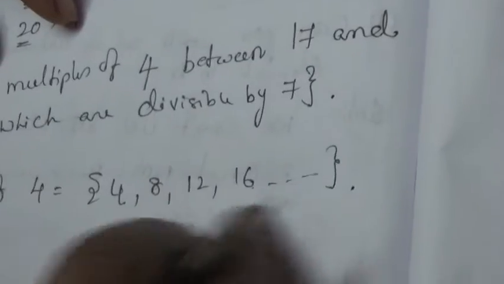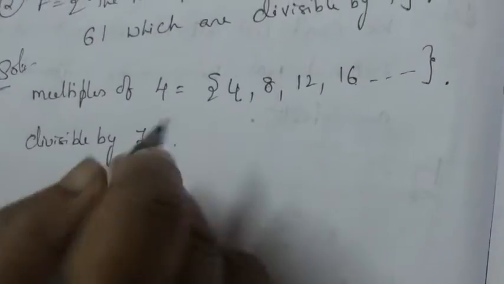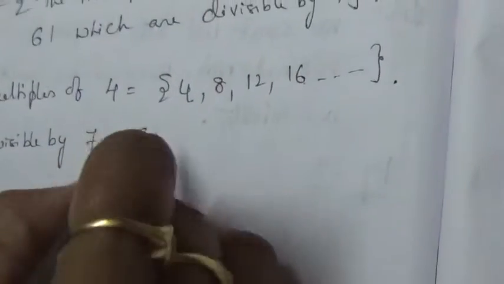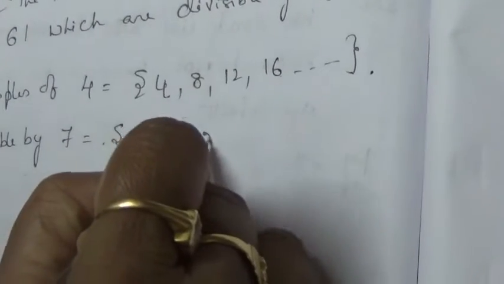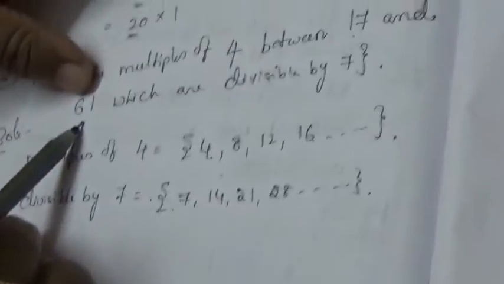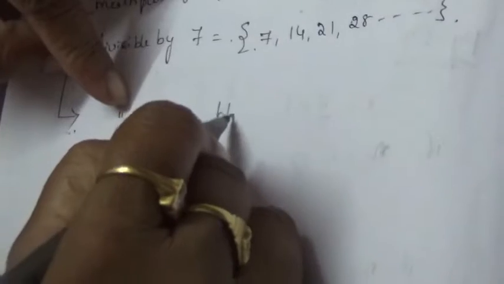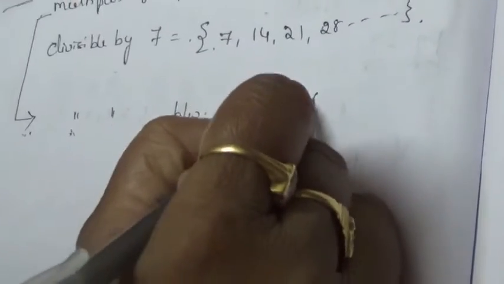And divisible by 7: 7, 14, 21, 28, just like this. But between 17 and 61, what are the multiples of 4? Just like this you have to write the multiples of 4 in between 17 and 61.